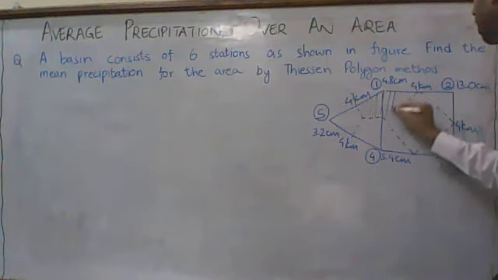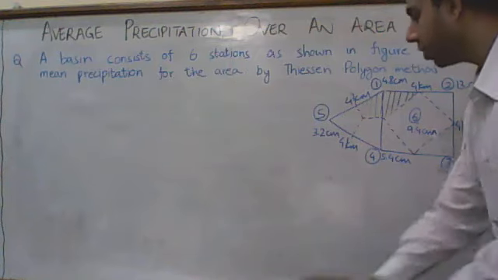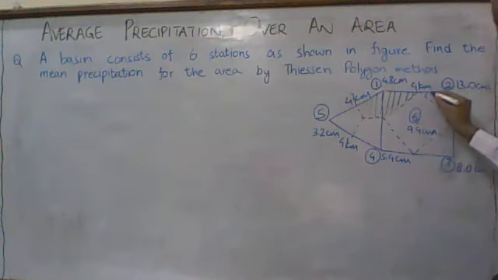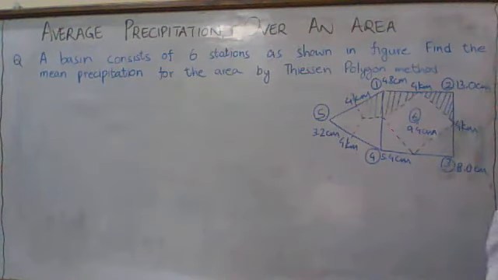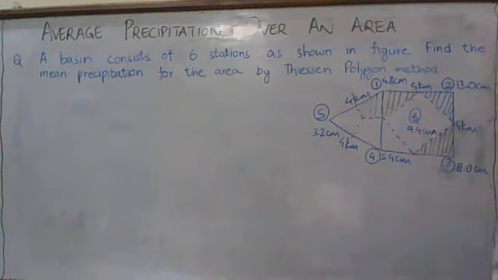for station 1. Okay, this is station 2. So the influence area for station 2 is this. Station 3. The influence area for station 3 is this.